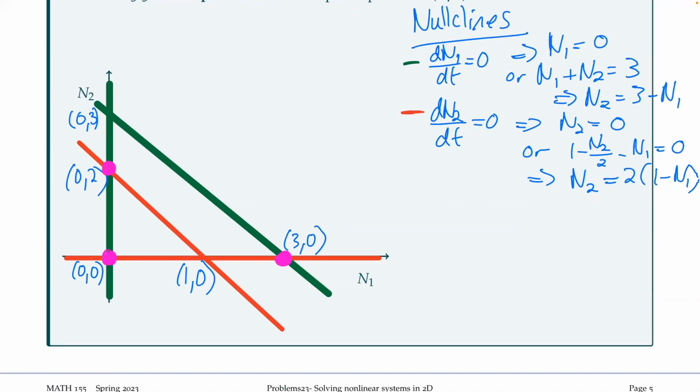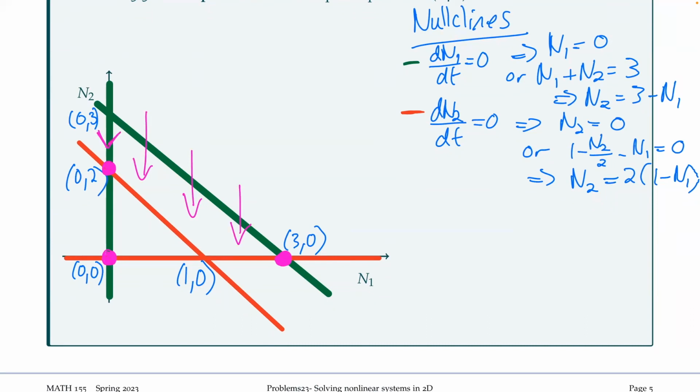I'll upload the solutions for the direction field, but in the interest of time here, I'll just draw them on. Have a go at calculating these in your own time. Like I said, the solutions will be online. If we find the direction field for this, we find that when we cross this diagonal null line, we always go down.